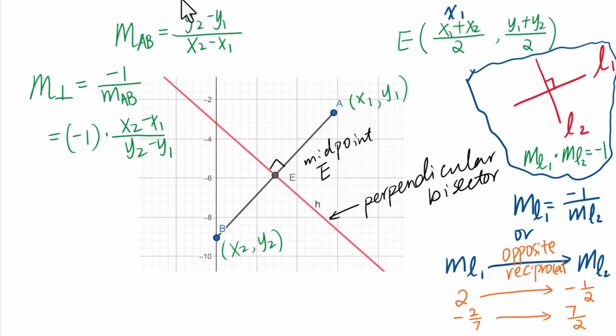Label this as x1, y1, and use the formula y minus y1 equals slope of the perpendicular line of AB times x minus x1 to figure out the equation of this perpendicular bisector.